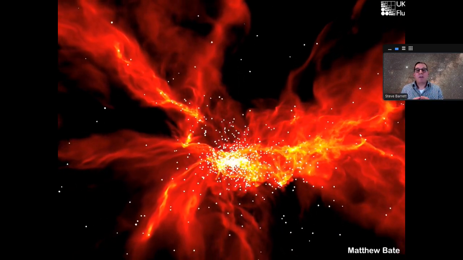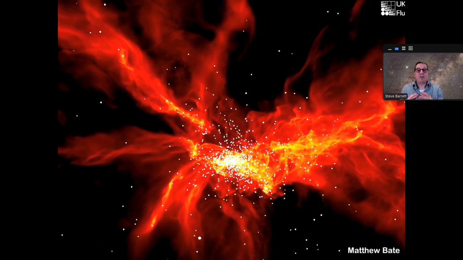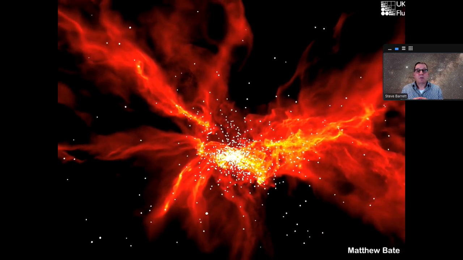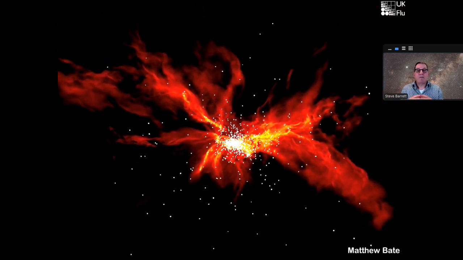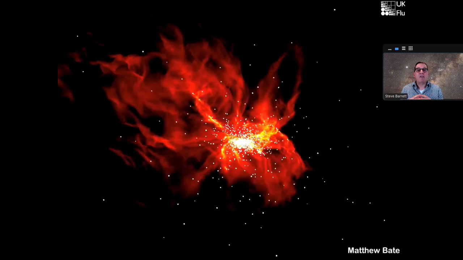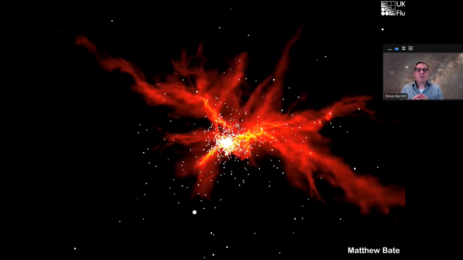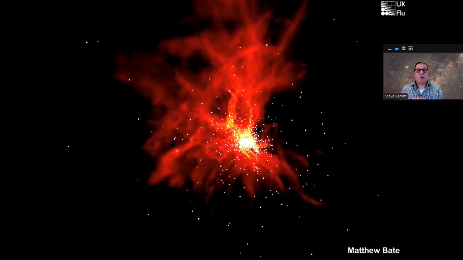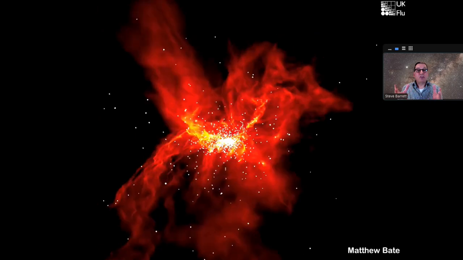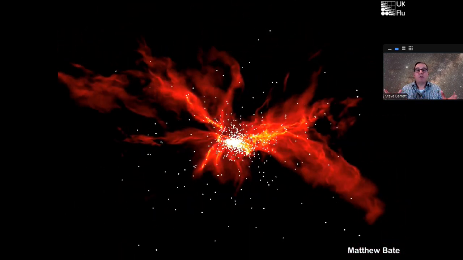And that's how we think stars are often born, in clusters such as this. We're going to zoom out slightly just to give you a better idea of how this is arranged in three-dimensional space. Notice that the nice spherical hydrogen cloud is now looking a lot more ragged, but there's still quite a lot of hydrogen left. We haven't used up all of the hydrogen in order to make these thousands of stars.